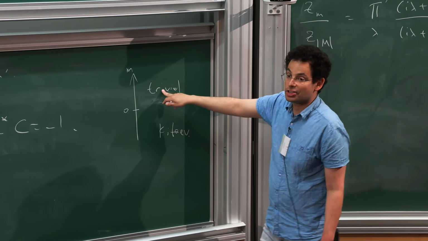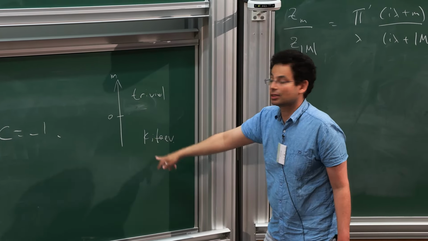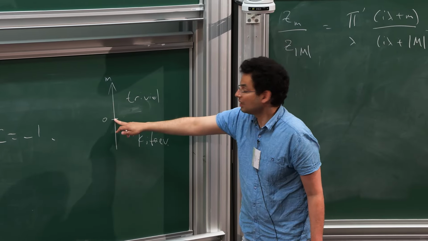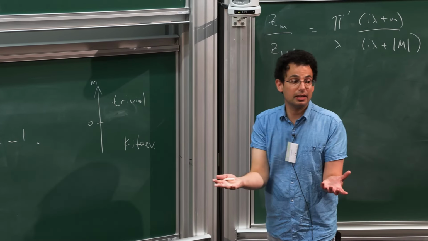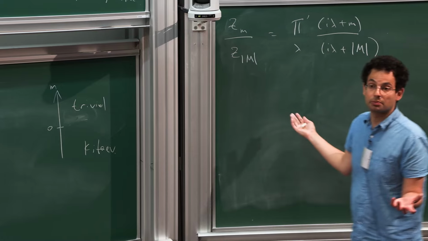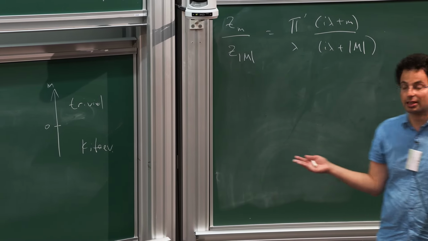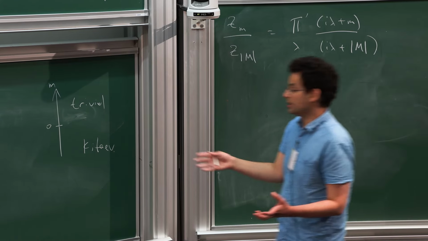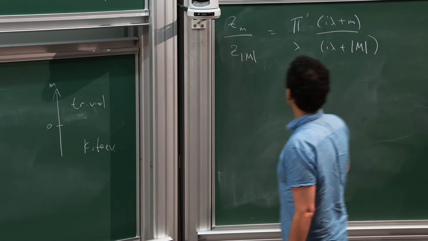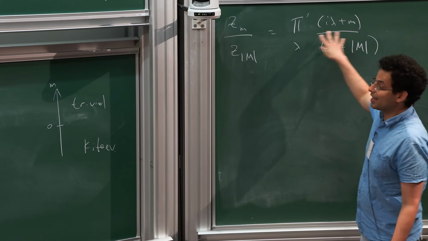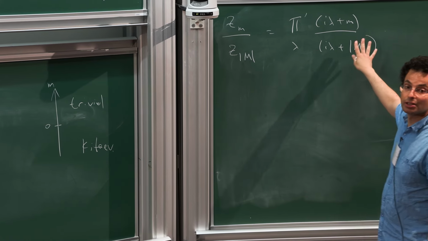Then as we're tuning the mass across this transition, on a finite manifold the partition function should be smooth, right? The partition function can have some singularity in the thermodynamic limit, but on a finite manifold, it should be smooth. And that makes the sign unambiguous in this ratio.